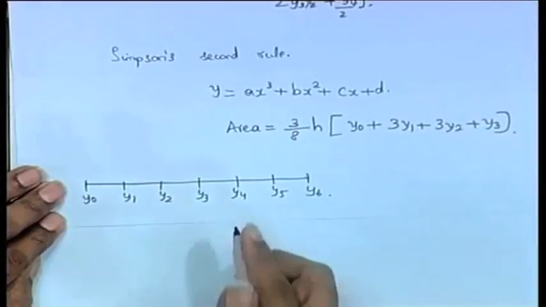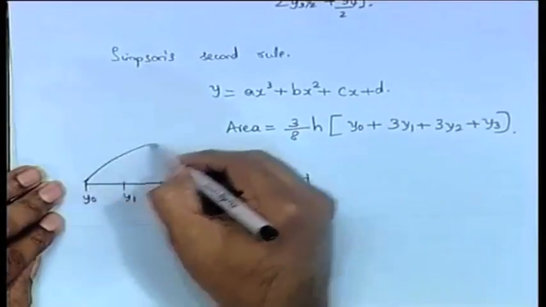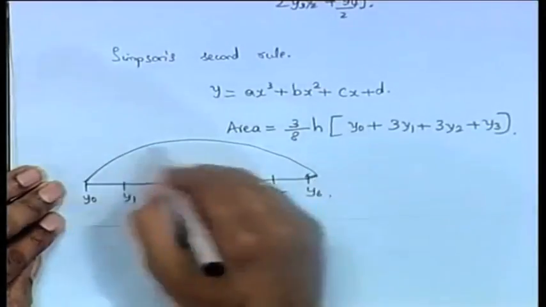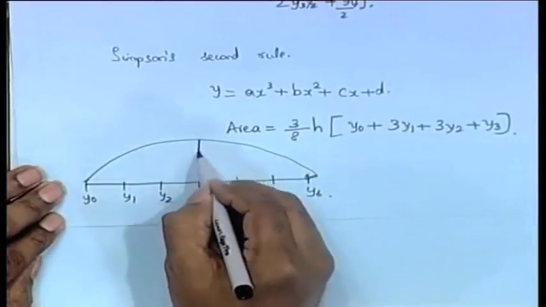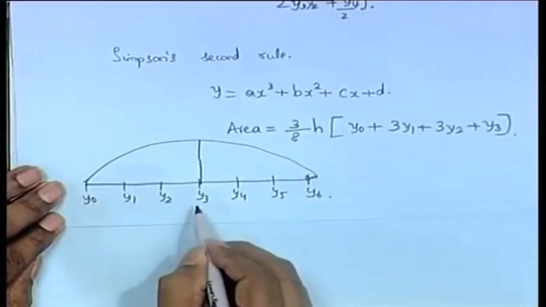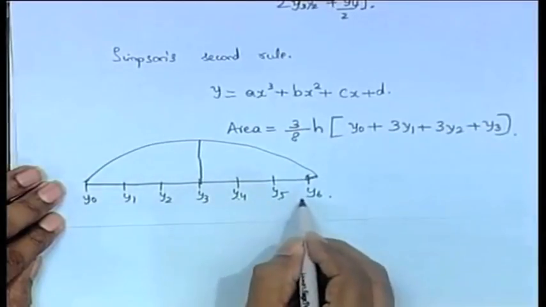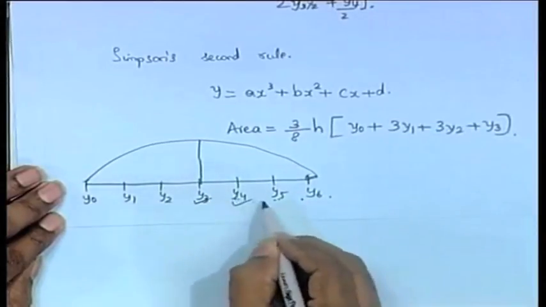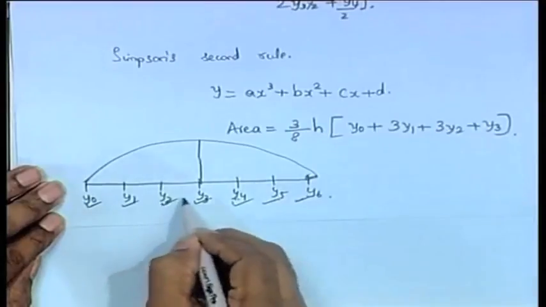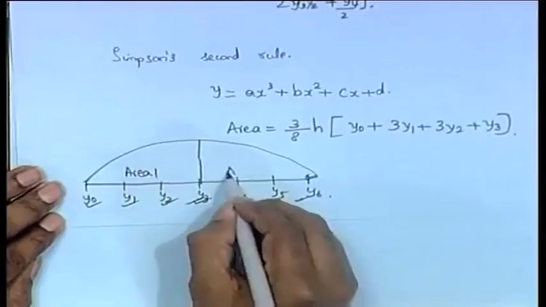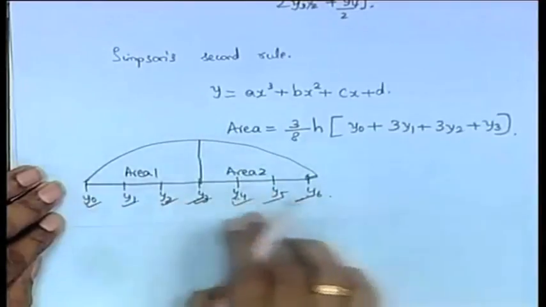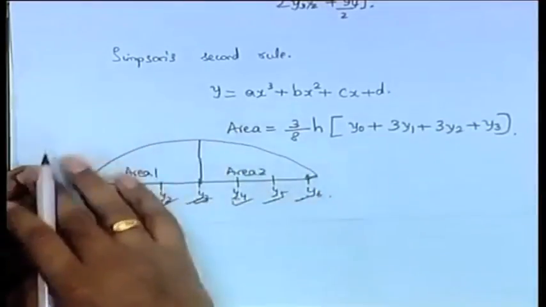There is a curve and you are asked to find its area. What you do is divide it into one region here with 4 ordinates, and another with 4 ordinates. See these 4 as one, and these 4 as one. You find the area of each section and sum them up. That will give you the total area of the whole section.